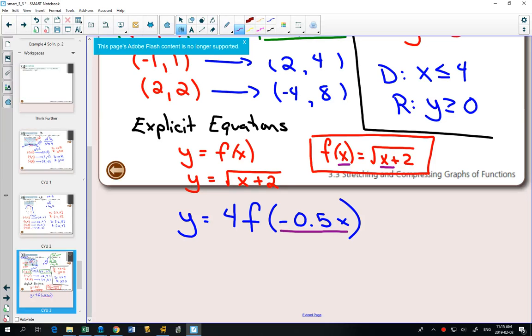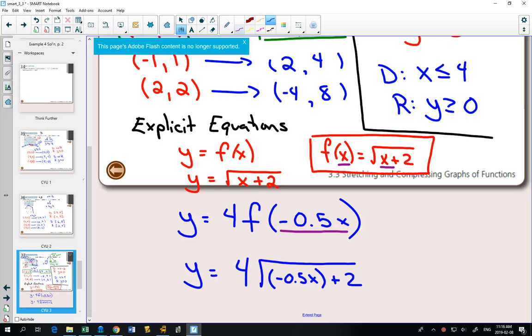So our explicit equation becomes y equals, the 4 stays outside. My function is the square root of something plus 2, and where the something is, which is the x, you'd put in negative 0.5x. And this is the equation of the blue graph, the actual equation.